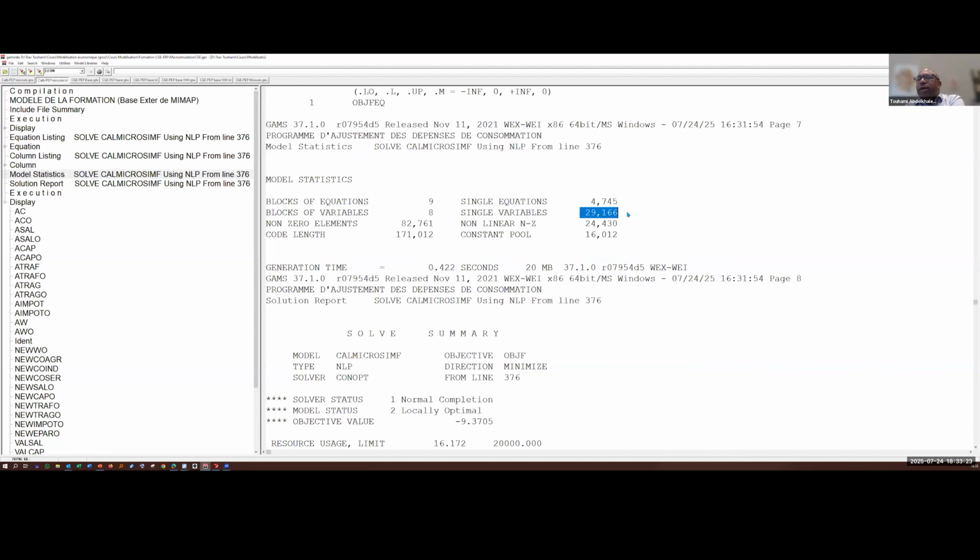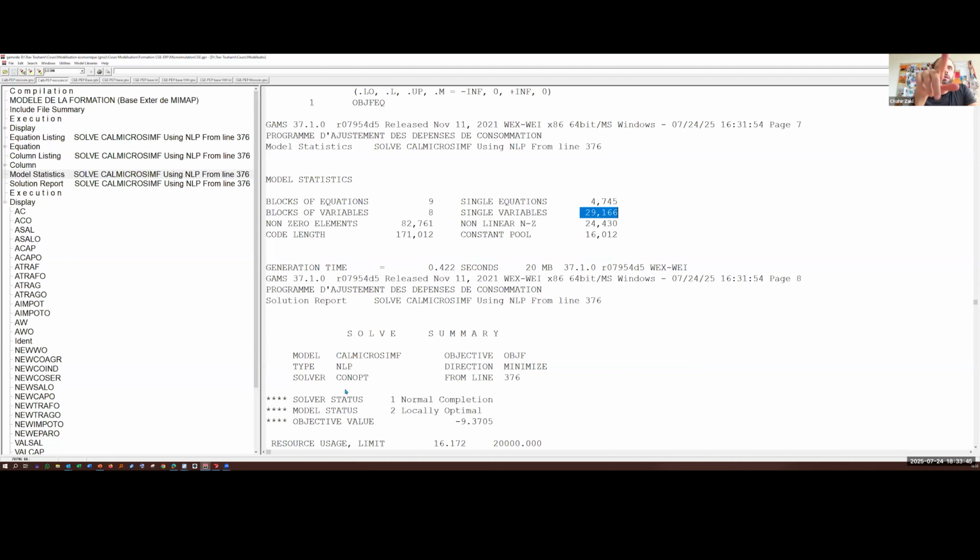Regardez le nombre de variables qu'on a. Why? Because we have 4700 ménages et on a plusieurs flux. Donc là, we have the value of what we need to export to our model to solve the real model.